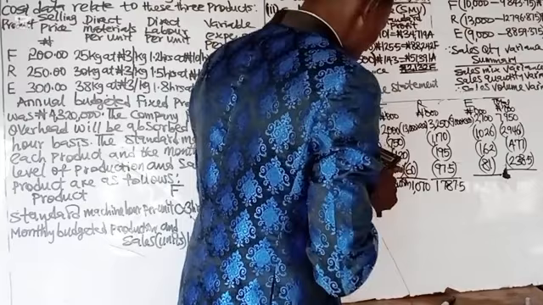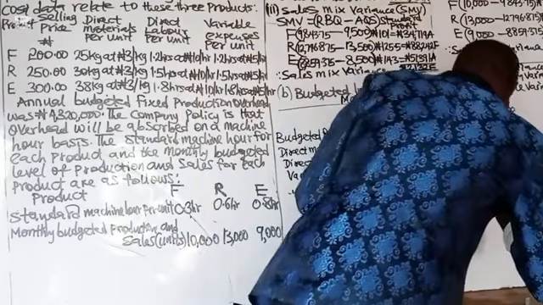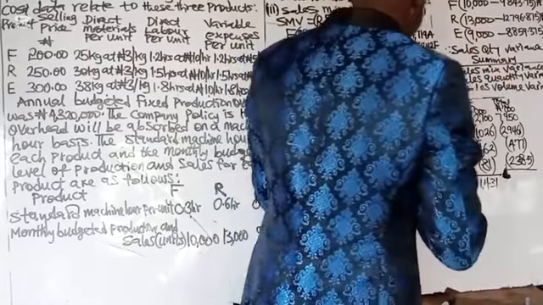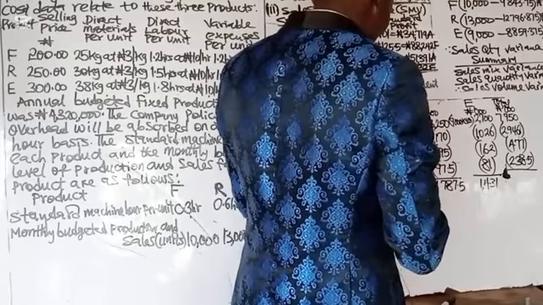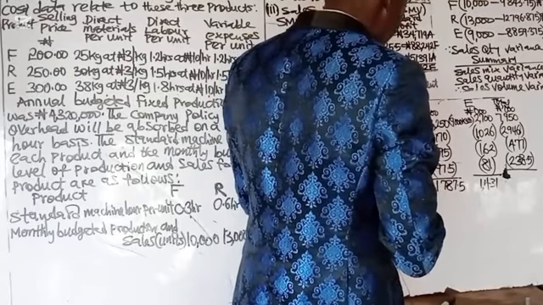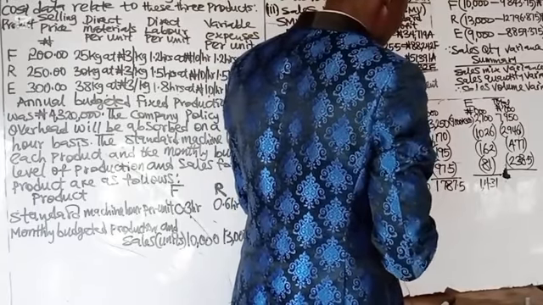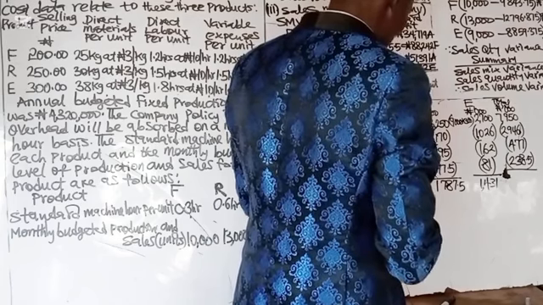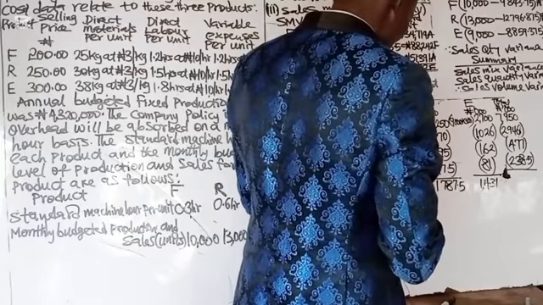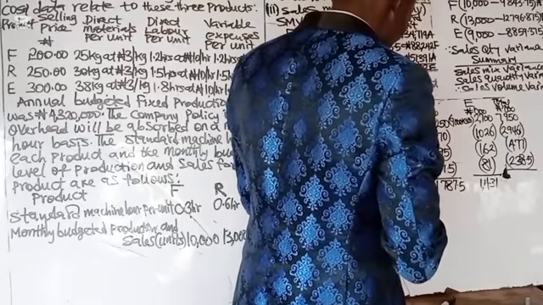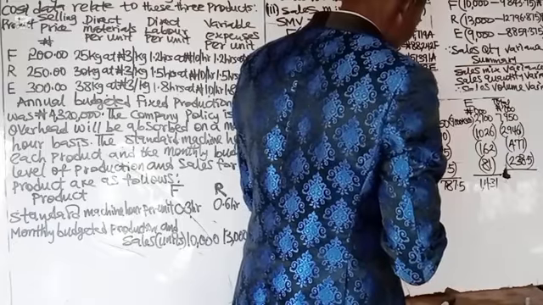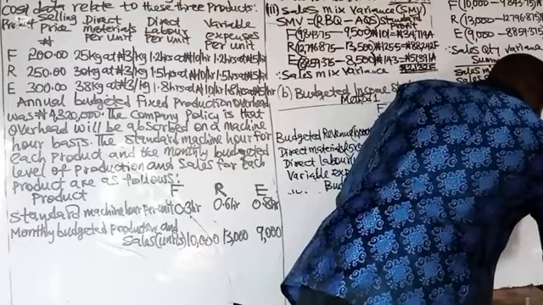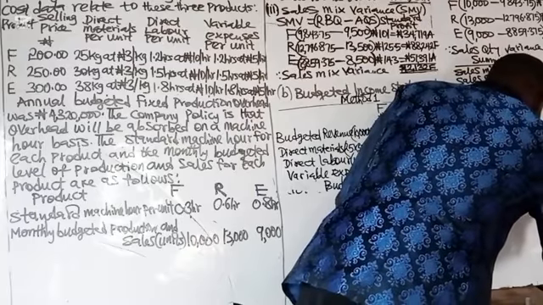Then we have 1,431. Then the total: 9,750 minus 2,946 minus 477 minus 238.5. So we have 6,089.5.